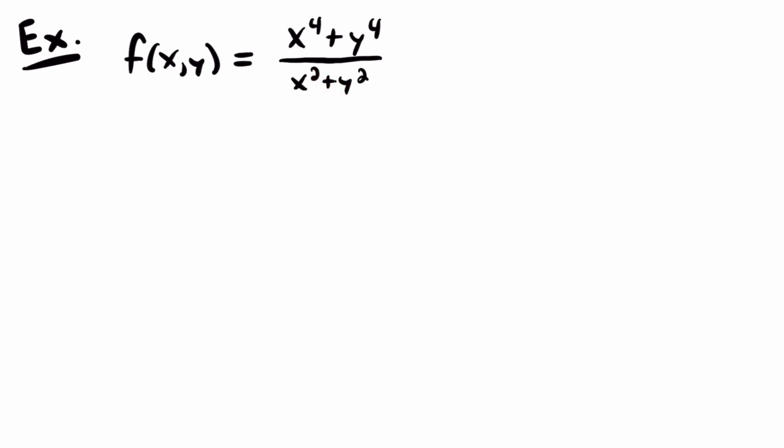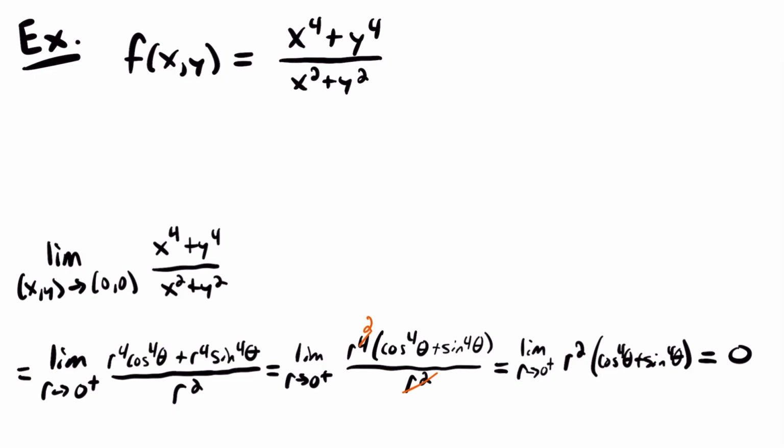We actually looked at the limit of this function in a previous lesson, specifically the lesson on limits of functions of two variables, and we were able to show that the limit as x, y approaches 0, 0 on this function exists. Particularly, that work looked like this. We used polar coordinates, but that's totally valid. We were able to rewrite the limit using polar coordinates and found that the limit was 0 as x, y approaches 0, 0. But as you'll notice, this function is not defined at that point 0, 0, right?